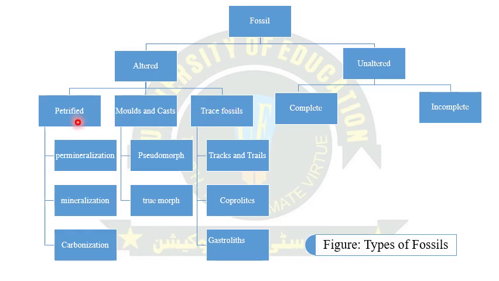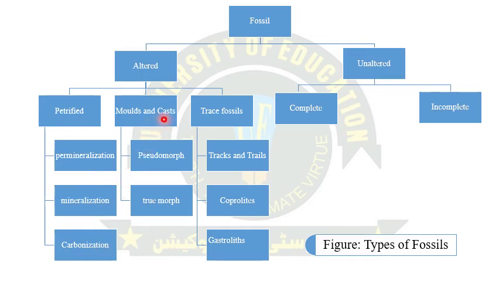Petrified fossils are formed under three mechanisms. These are the three mechanisms which are responsible for formation of the petrified fossils. The first one is permineralization, then mineralization, and the third one is carbonization. We will discuss these mechanisms in detail in upcoming slides.